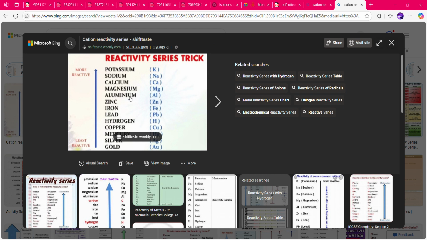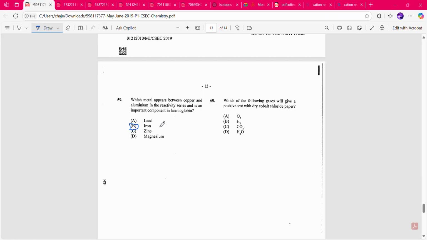Yeah, there we go. Aluminum is higher than copper. All the ions are at the top. Aluminum is higher than copper, and then we have iron and lead. Notice how they put this question, because you have iron, lead, zinc, and hydrogen. Any of these could actually be the answer, but the one that is the important component for hemoglobin is iron.